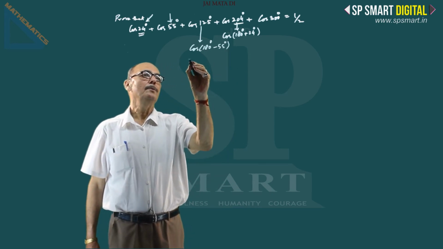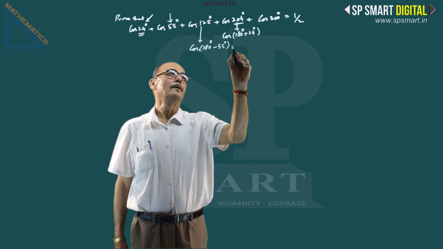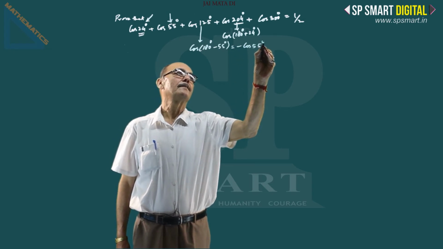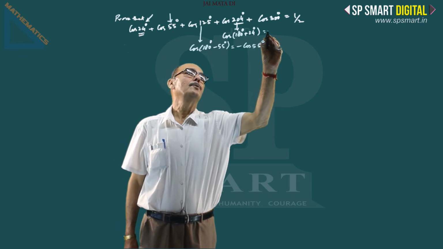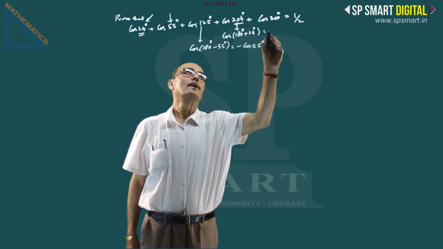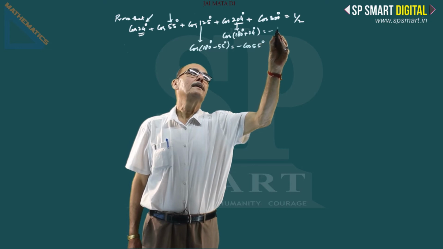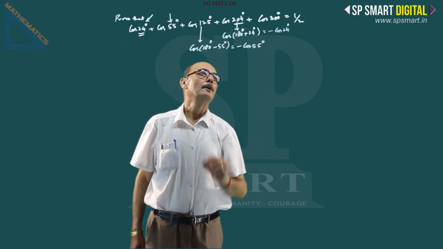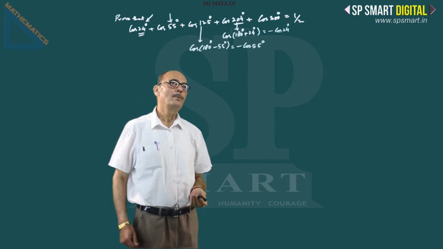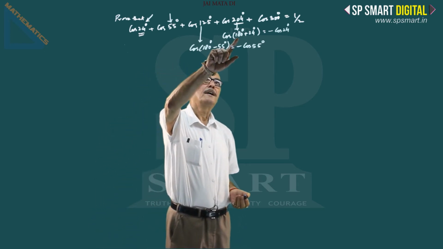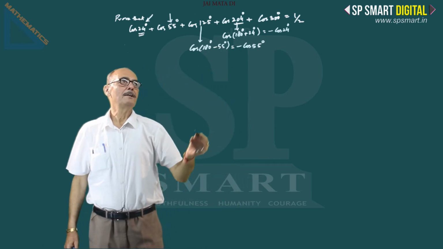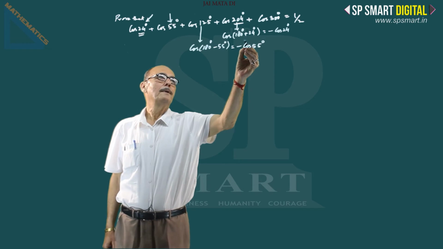So, this is equal to minus cos of 55 degrees and this is equal to minus cos of 24 degrees.